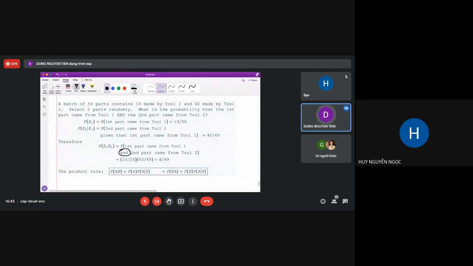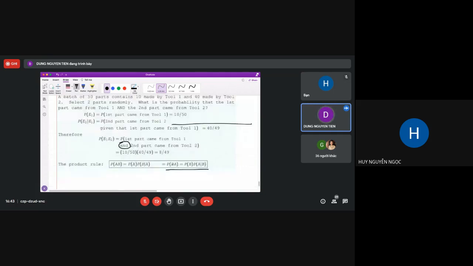In this case, you use the formula that the probability of E1E2 is equal to the probability of E1 times the conditional probability of E2 given E1. This is the formula that I just proved. The probability of AB equals the probability of B times the conditional probability of A given B, or the probability of AB equals the probability of A times the conditional probability of B given A.